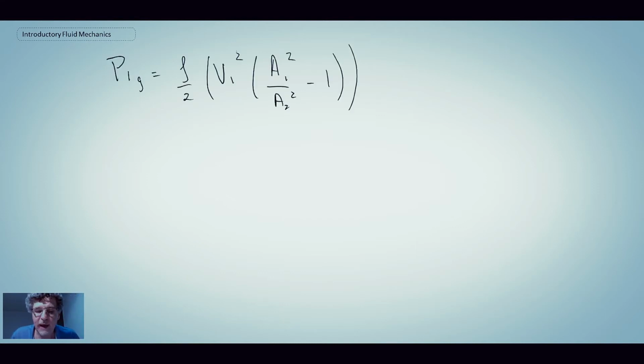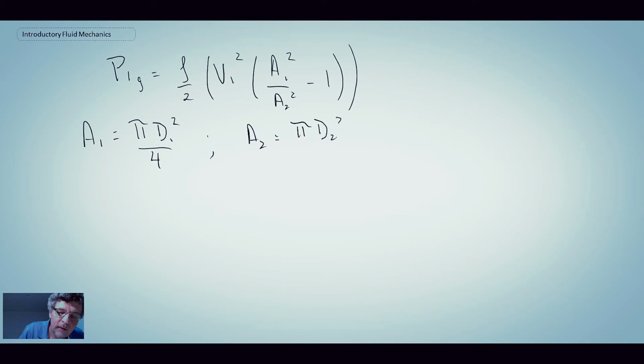So we get that. Now we have a couple of areas on the right-hand side. Remember we said that the cross-section of this nozzle was round. Consequently, we can say A1 can be related to the diameter, and A2, we get that.